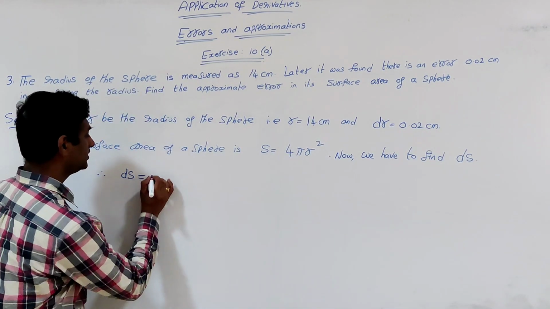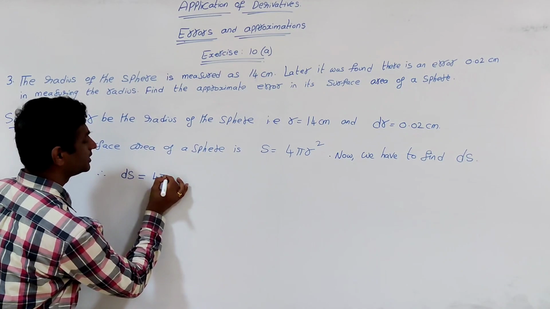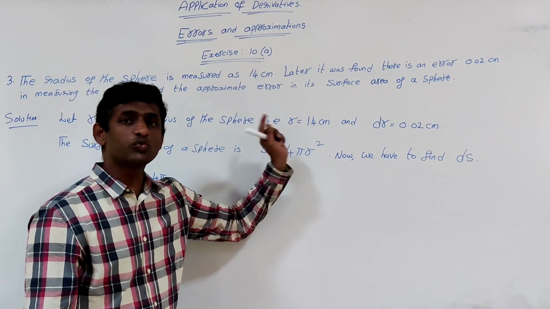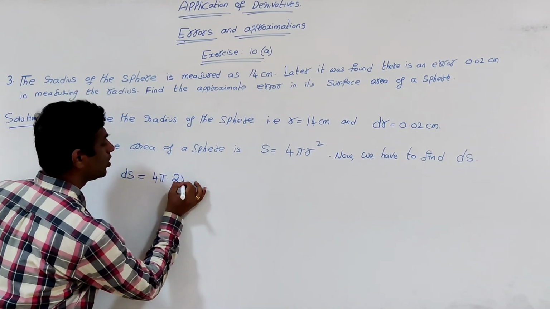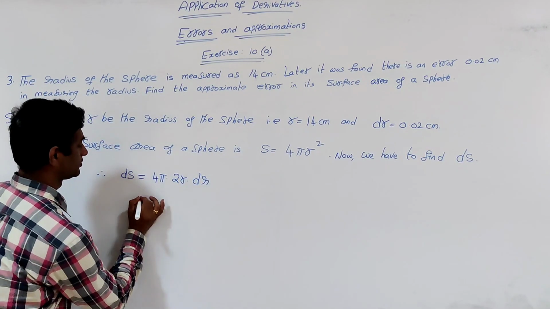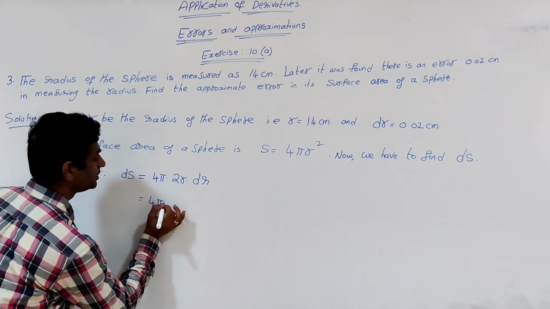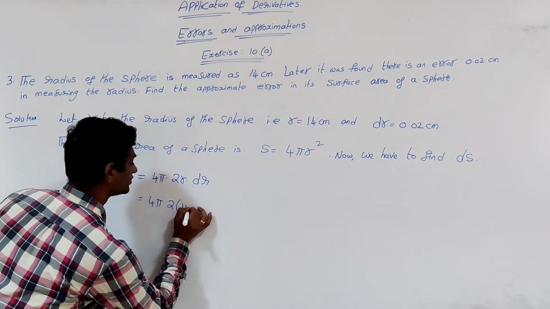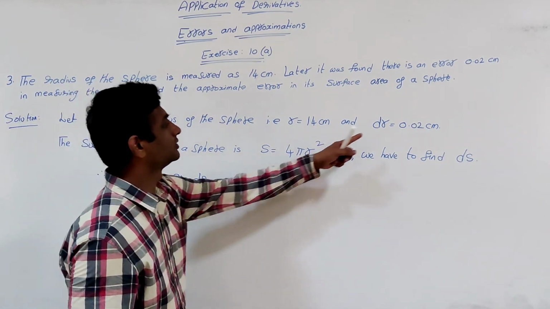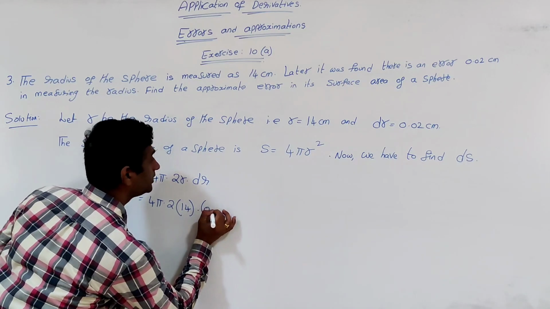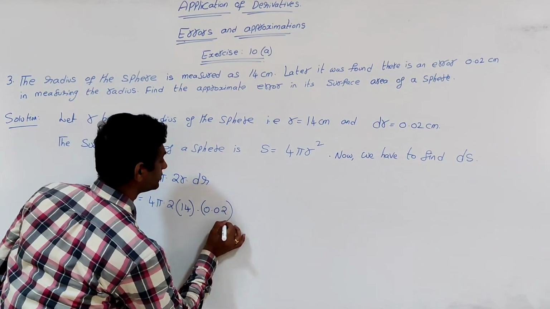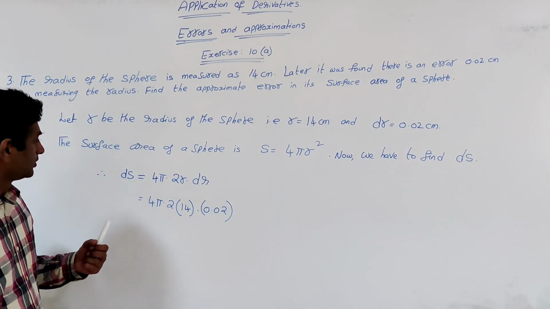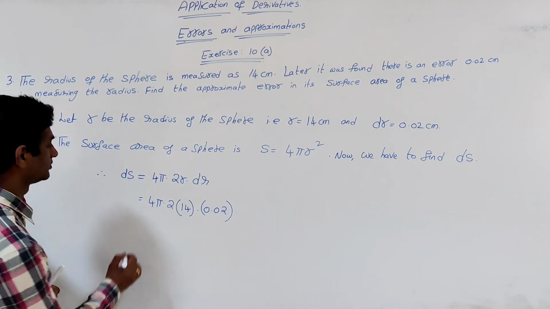4 pi is constant. So 4 pi into derivative of r square is 2r into dr. So 4 pi into 2 times of r. What is r? 14 into dr, it is 0.02, and we'll find out.